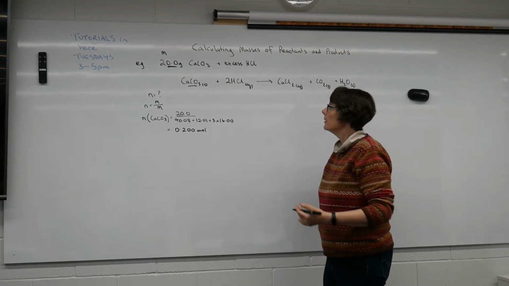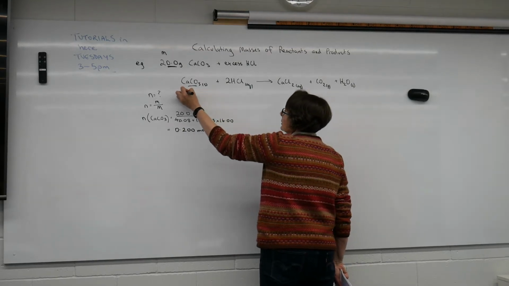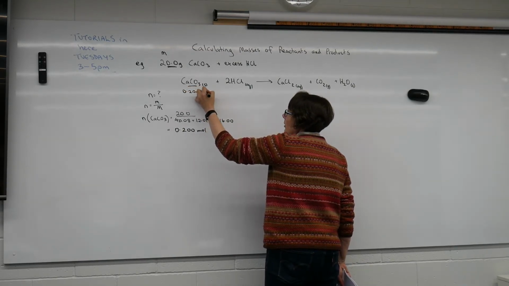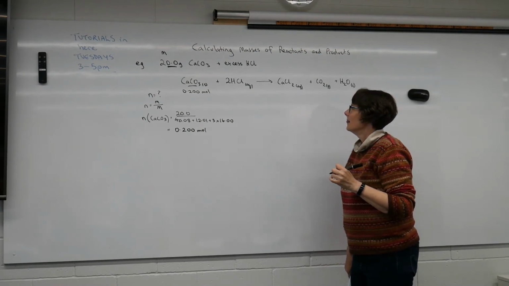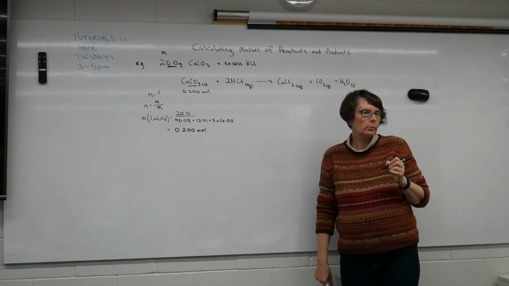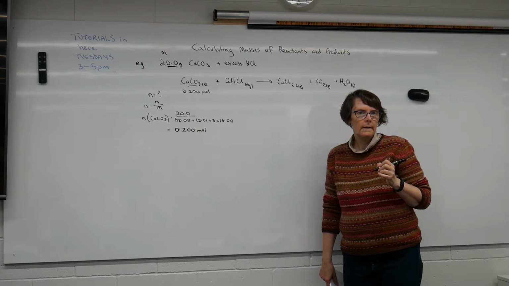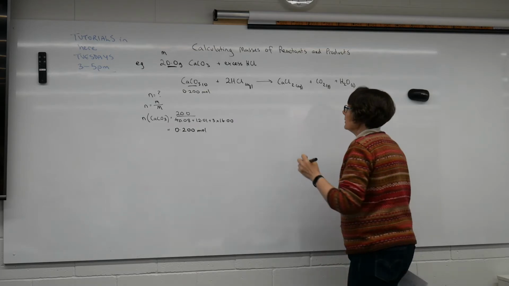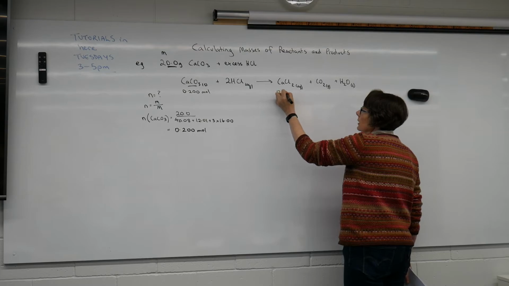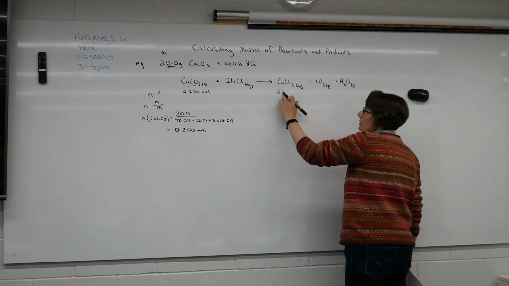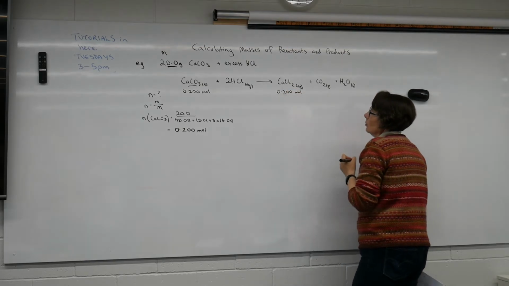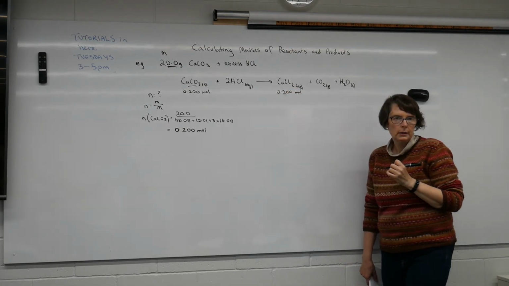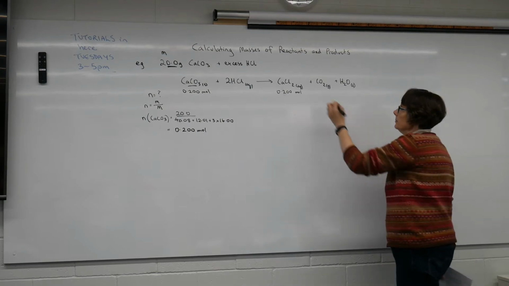If I have 0.200 mole of calcium carbonate, how much calcium chloride will I produce? The same amount, because they are in a 1-to-1 ratio within the balanced chemical equation. What about carbon dioxide? The same.